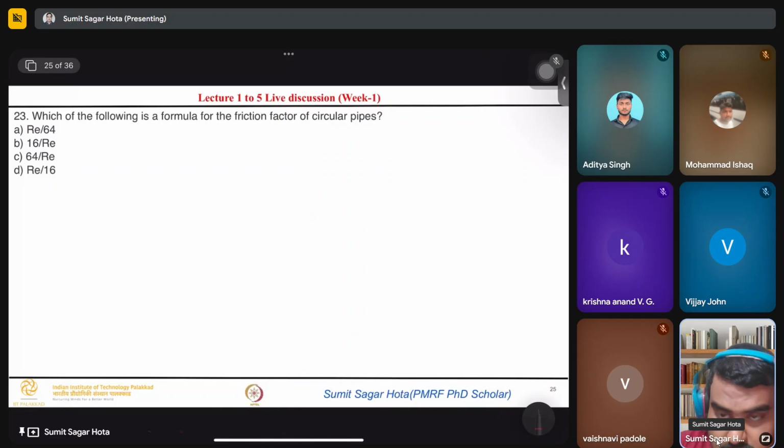Which of the following is a formula for the friction factor of circular pipes?